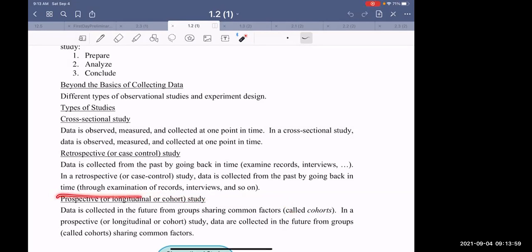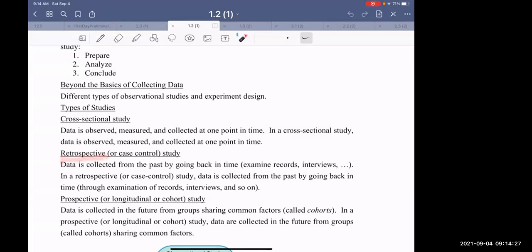And so we then examine their records, medical records, things like that. And we do conduct interviews. We say, so, what do you guys eat? Do you guys smoke? Don't you smoke? Where do you guys work, etc. And so we then look at those, and that is a case control study.